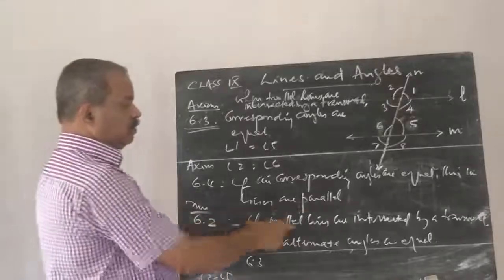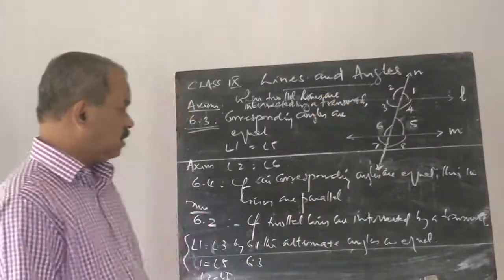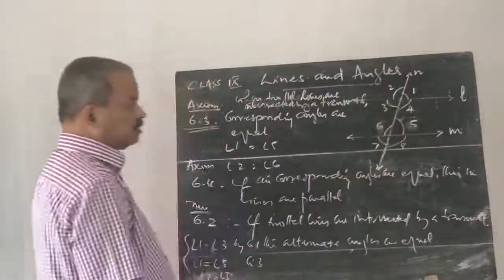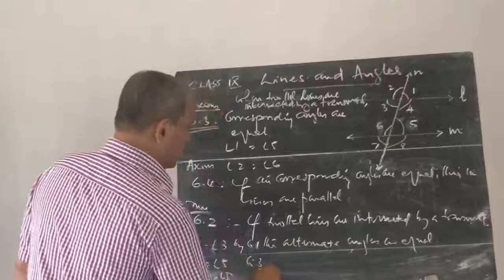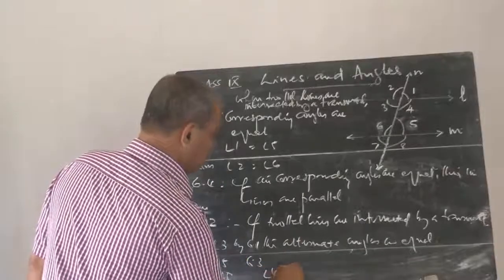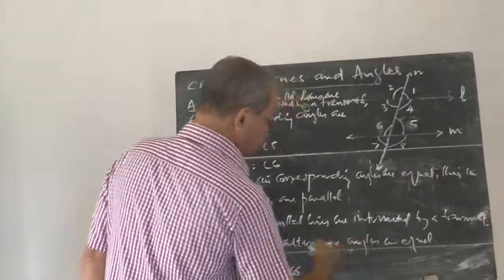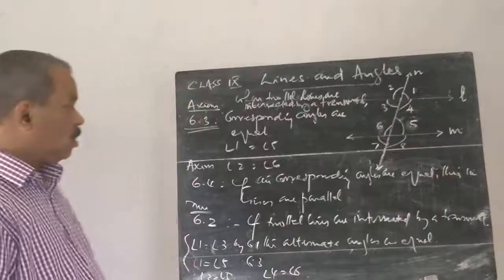So if two lines are intersected by a transversal, the alternate interior angles are equal in measure. Similarly, angle 4 equals angle 6. The alternate angles, or simply alternate interior angles, are also called alternate angles.